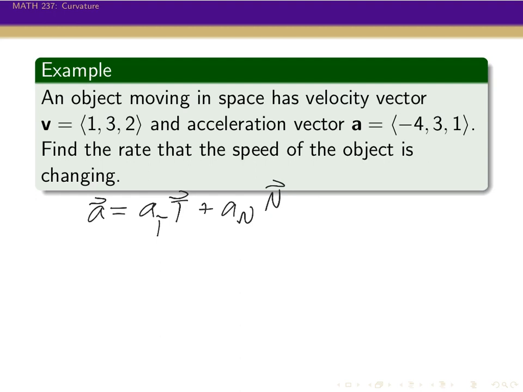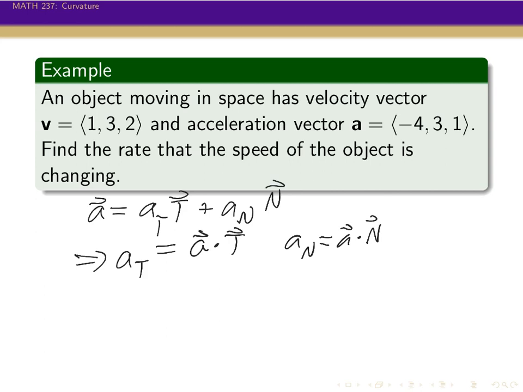So we figured out in the last one what a_T and a_N mean. How can we quickly get them? Well, because the unit tangent and the unit normal vectors are both unit vectors and orthogonal, I can get a_T by taking the dot product of a and T, and I can get a_N by taking the dot product of a and N.